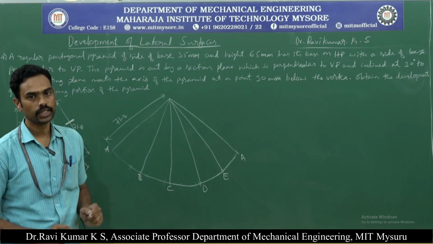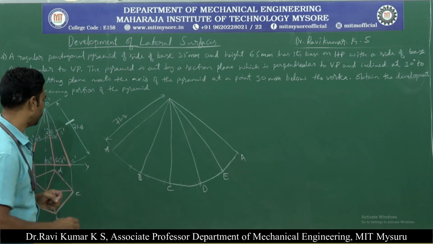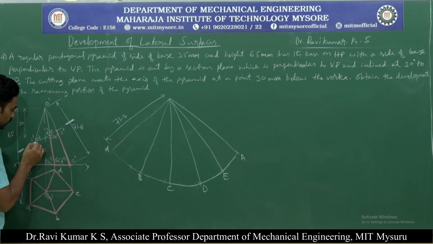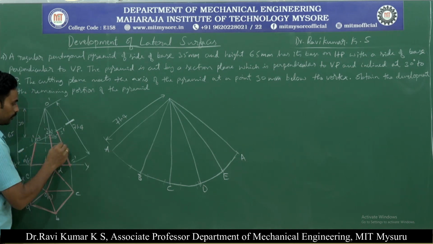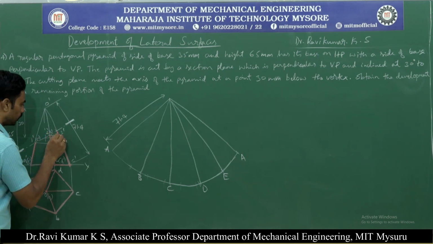Therefore, you need to extend all the points to the true length line. In the front view, we identified OC as the true length. Therefore, just extend the point 1 dash to this particular point. This is the new 1 dash. 2 dash to this particular point.